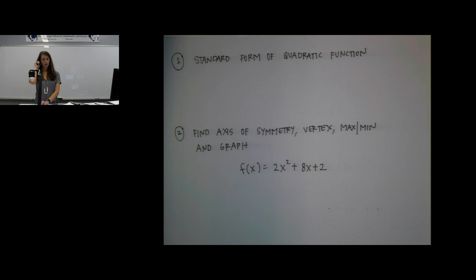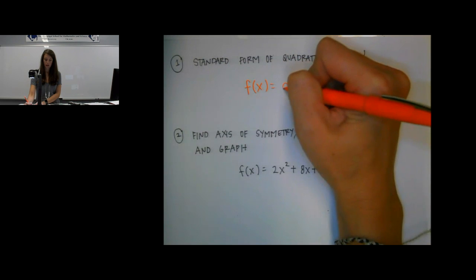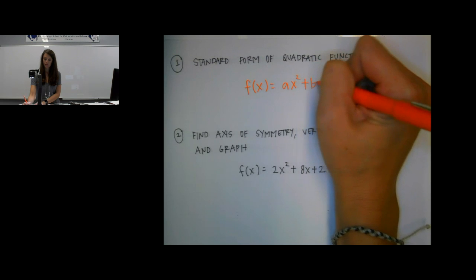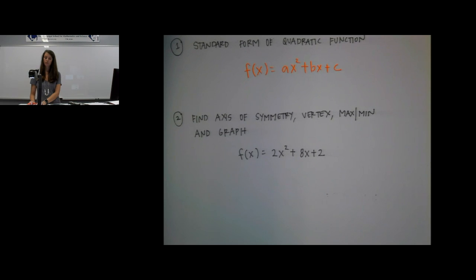So for one, I want to find the standard form of a quadratic function, and then determine the axis of symmetry, the vertex, the maximum or minimum point, and graph this quadratic. The standard form of a quadratic function is f of x equals ax squared plus bx plus c.